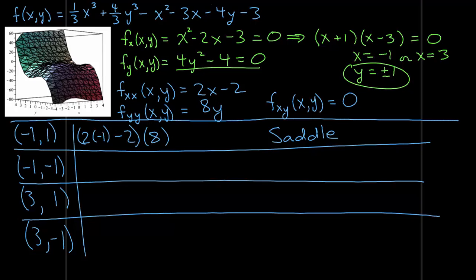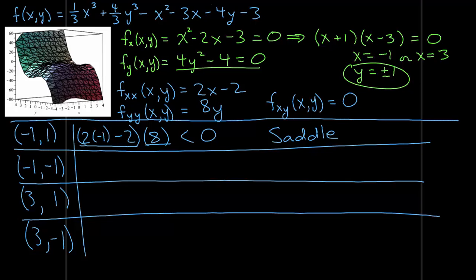I forgot the times 8. But still, we get something less than 0, so it's a saddle. Okay, so don't be thrown off by that. This is fxx. This is fyy. See, I put the 1 in for the y. Okay, so don't be thrown off by my mess up.